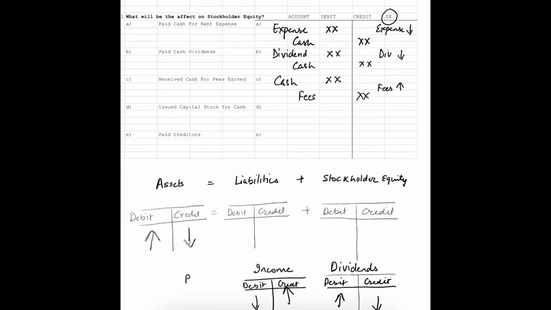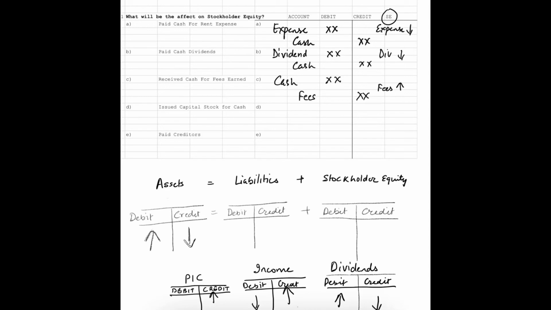For the shareholder investment, the account usually used is paid in capital. And that's also the account that is under stockholder equity. So because the investment is increasing, we will increase the paid in capital account, and it increases on the credit side.